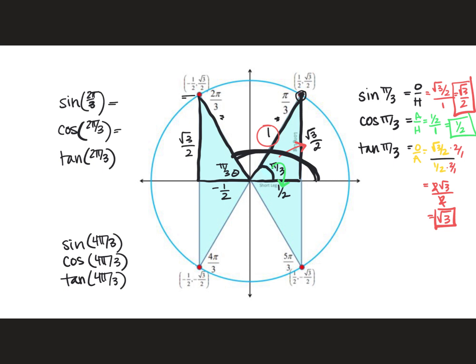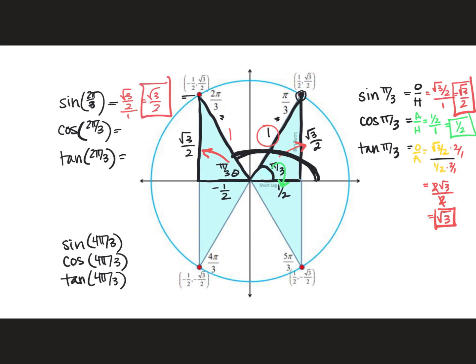As I find sine, cosine, and tangent, sine is going to be opposite, so that's radical 3 over 2. The hypotenuse, remember, is still 1, so radical 3 over 2 all over 1 is still just radical 3 over 2.